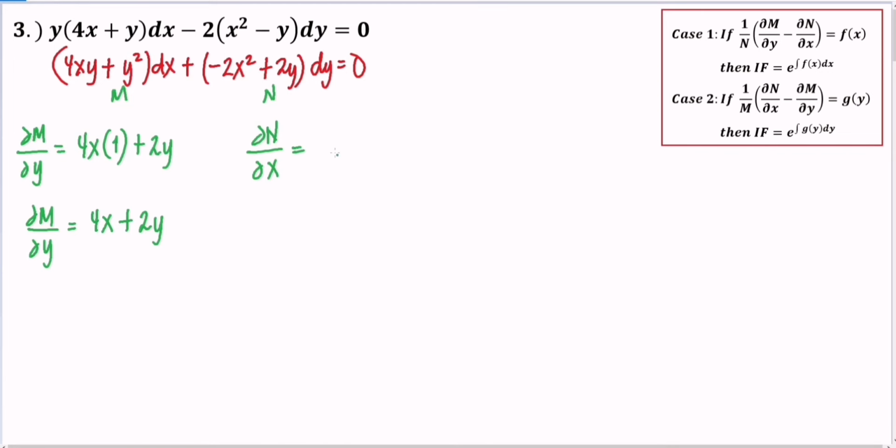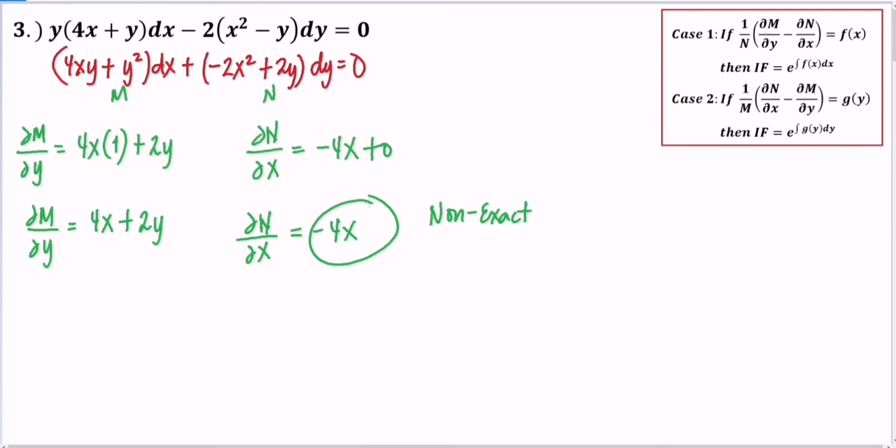So, negative 4x. Since yung ating constant dito ay y, kasi nga in terms of x, so 0 na yan. So, ang ating partial derivative of n in terms of x ay negative 4x. So, again, non-exact. Hindi sila exact. 4x plus 2y, negative 4x. Therefore, try natin dun sa cases.